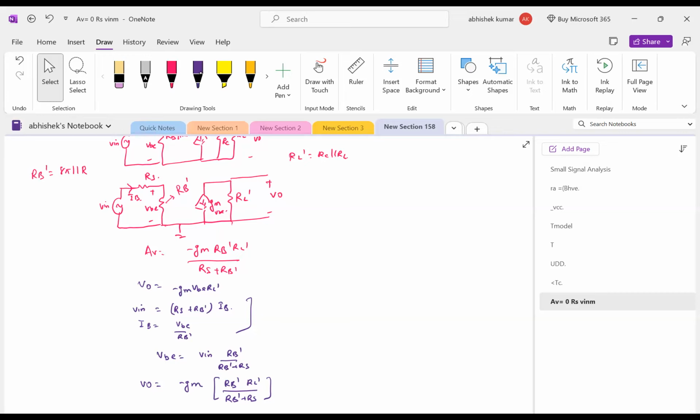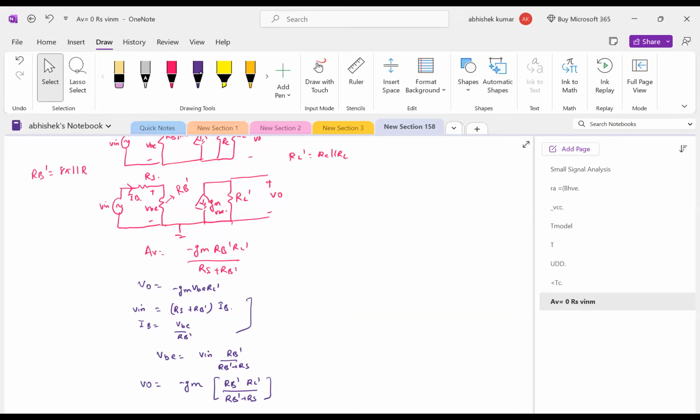Also, I in is basically VN over RN. I in we can directly write; it is nothing but VBE divided by RB dash. Right or wrong? Yes, sir. Then what is our current gain? Current gain is AI equal to I output by I in, right or wrong? And what is I output?